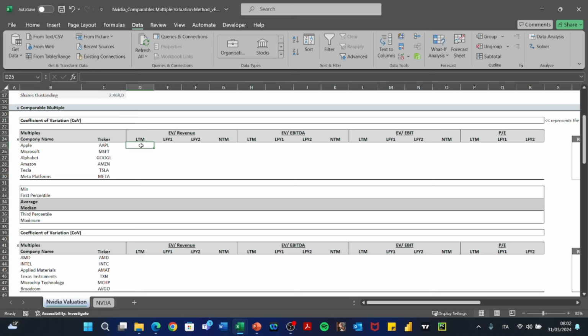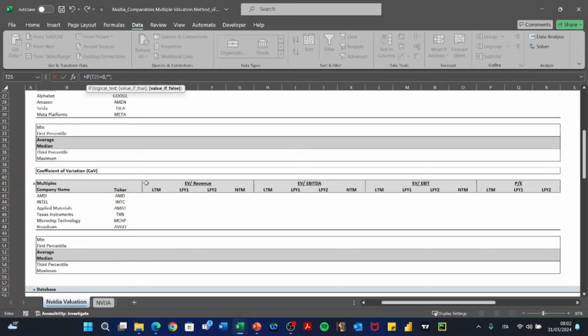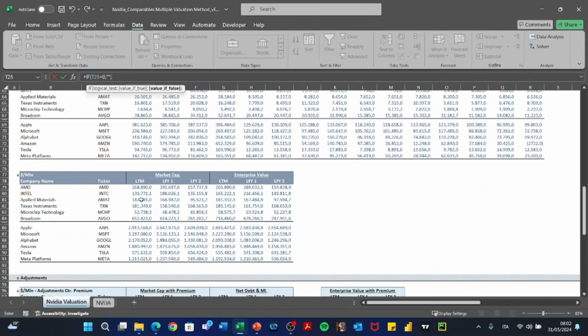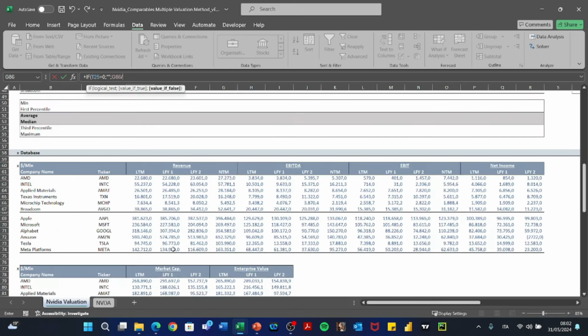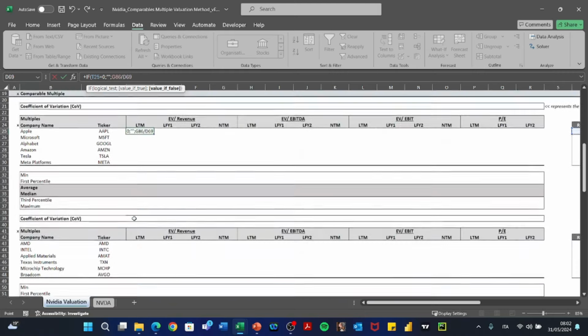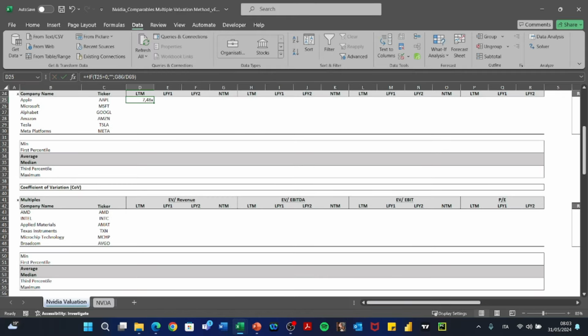So in this case, we're going to say that if this is equal to 0, give me nothing. Otherwise, I want the enterprise value of Apple divided by the last 12 months of Apple.